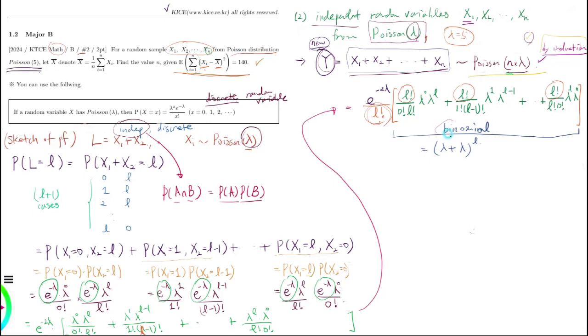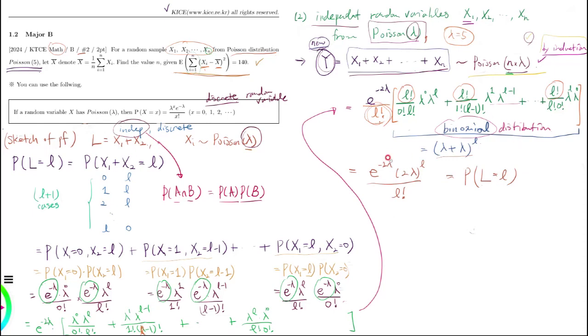You have to take a look at the binomial distribution. If you are not familiar with this one, let me arrange all the terms. Then we have e to the negative 2 lambda times 2 lambda to the l power over l factorial. This is the probability of the new random variable capital L equals small l here.